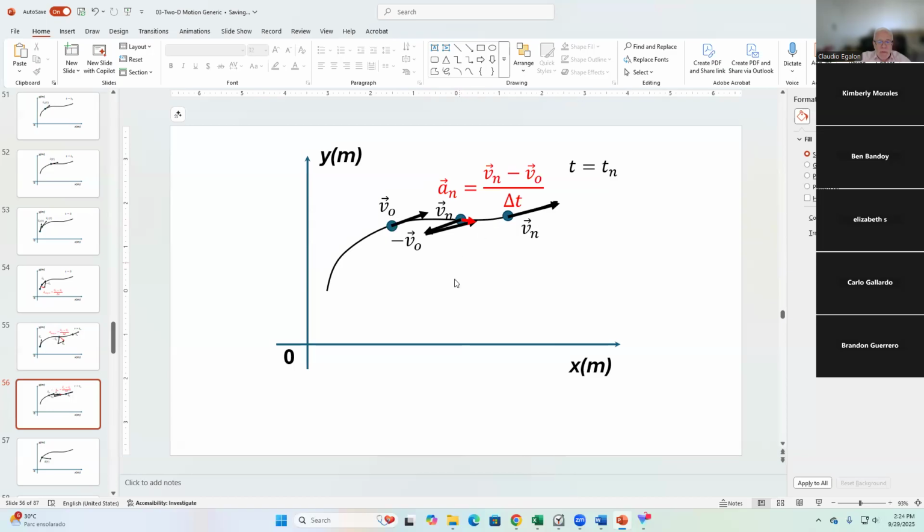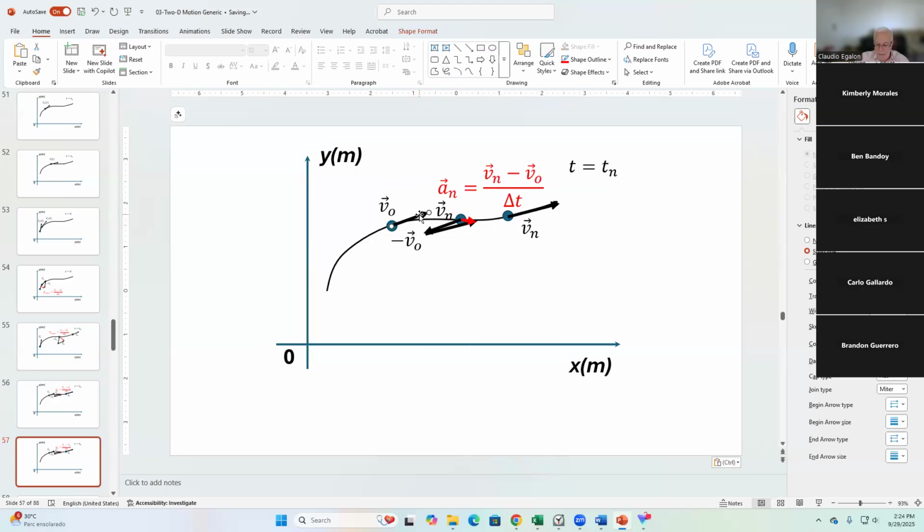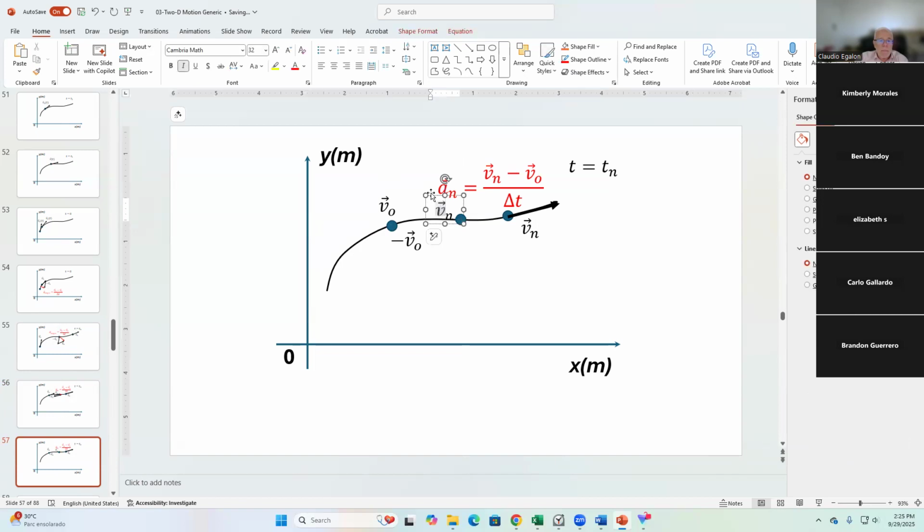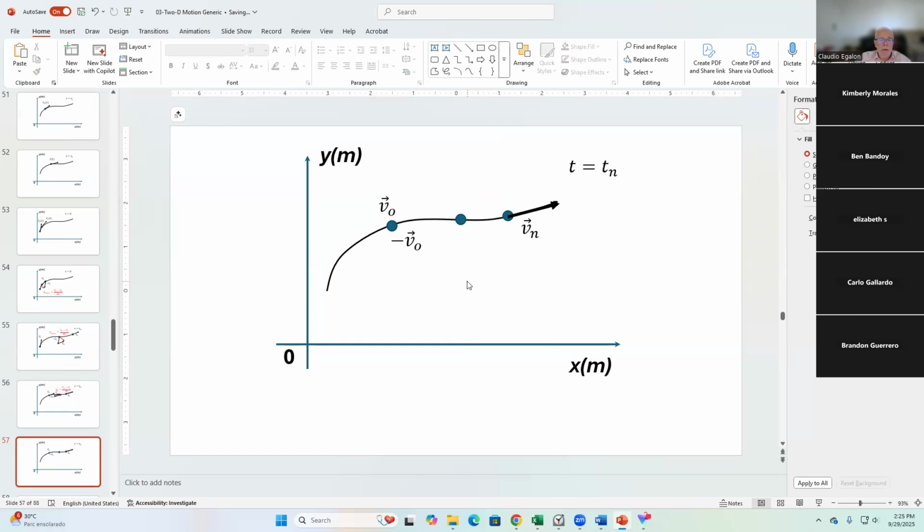At this very specific point, notice what's happening here. I'm going to remove the V vectors. At this very point, we are having a change in the concavity of the path. Do you see that?